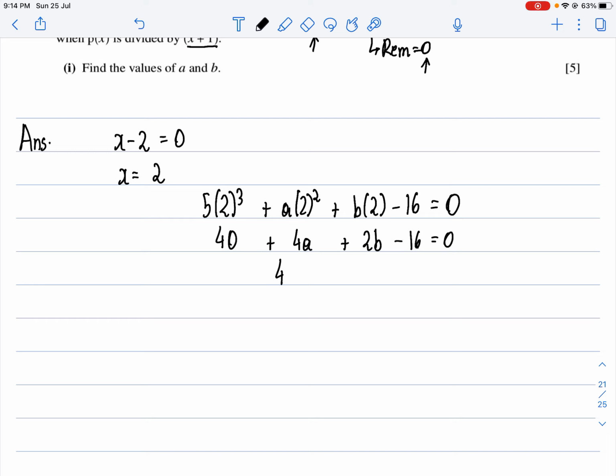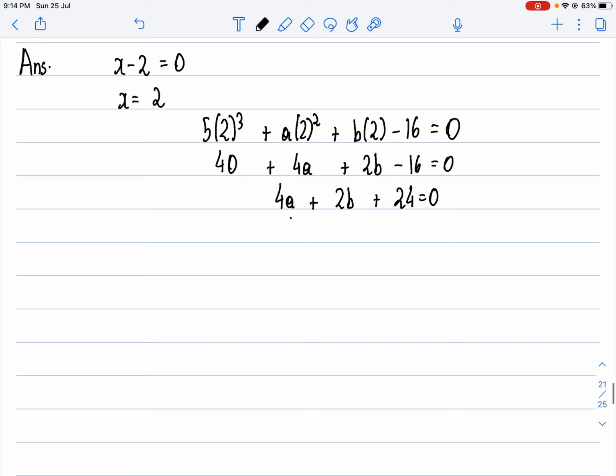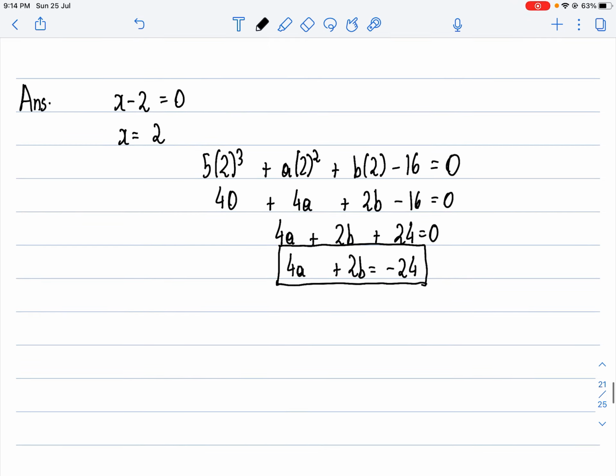So I can write this as 4a plus 2b plus 24 is equal to 0. So I simply get 4a plus 2b, which is equal to minus 24. Correct? So this is the one equation which I get. The first equation for the simultaneous. Got it? From the first set of information.